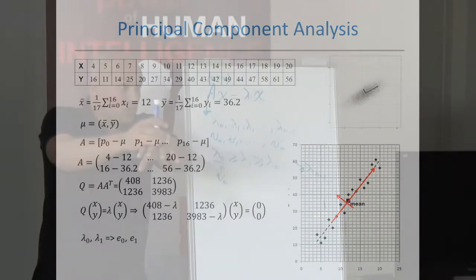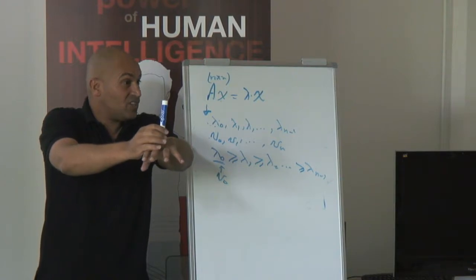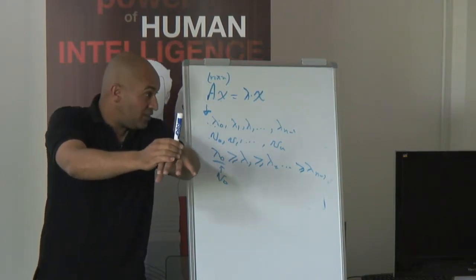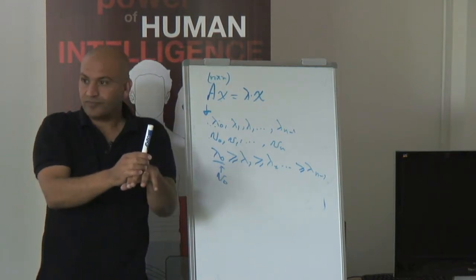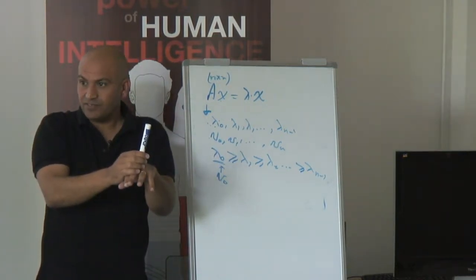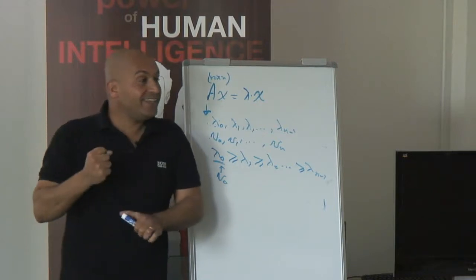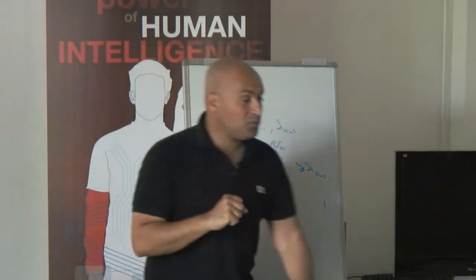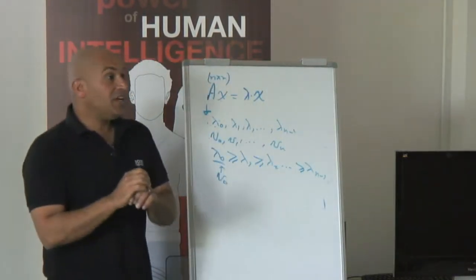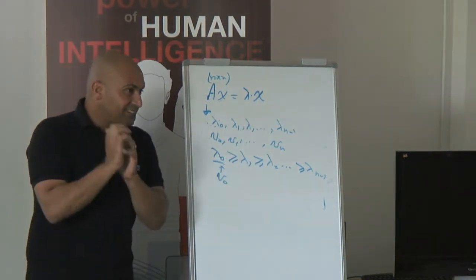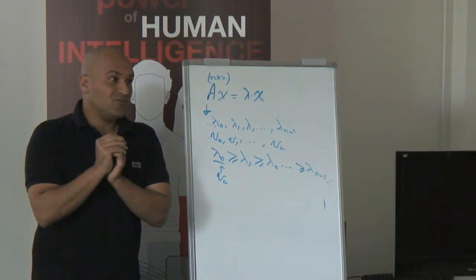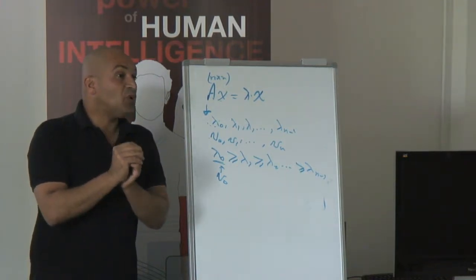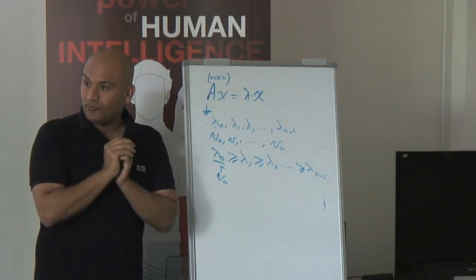But the third one, which will be the smallest one, will be the normal of the surface at this point. Is that clear? So if we want to compute the normal of the point, it's the vector corresponding to the smallest eigenvalue.